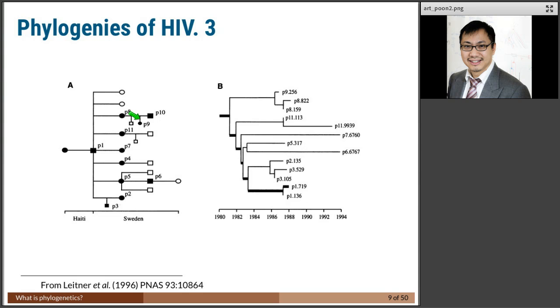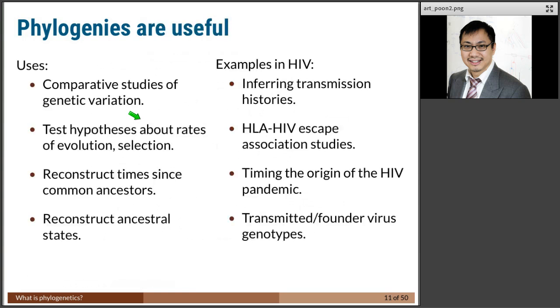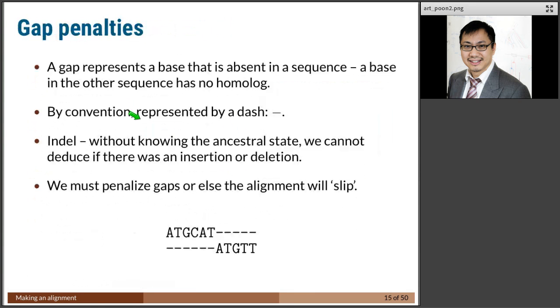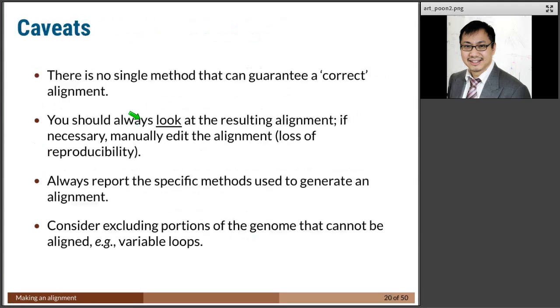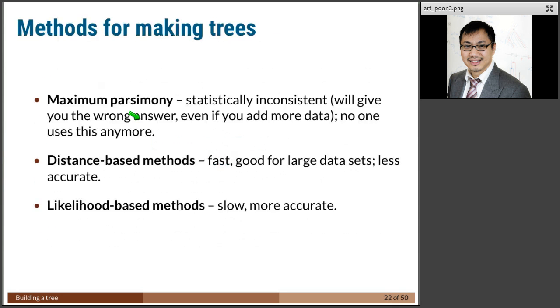Okay, and there was a comment about regions of interest with evolutionary information in HIV envelope. I don't quite understand that question. I would say that the variable loop regions, the regions that I just suggested you should clip out of the alignment before making a phylogeny, are of course really interesting regions.